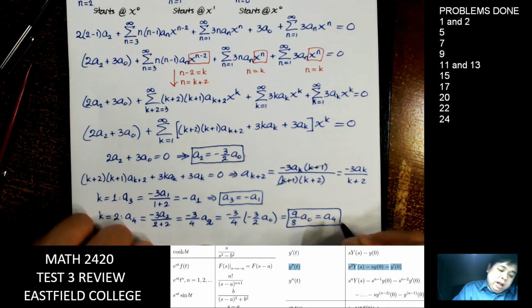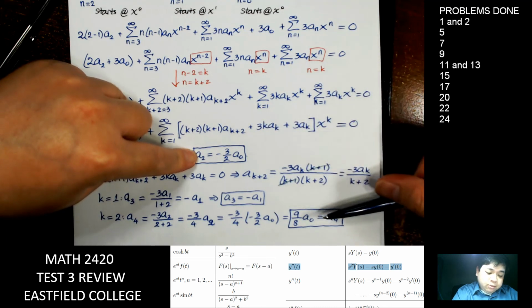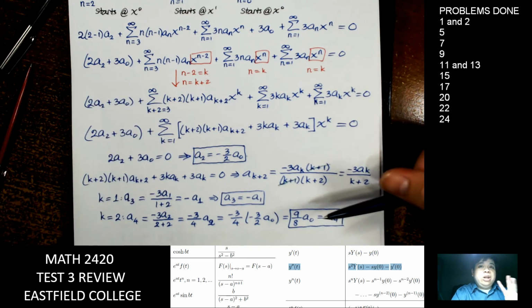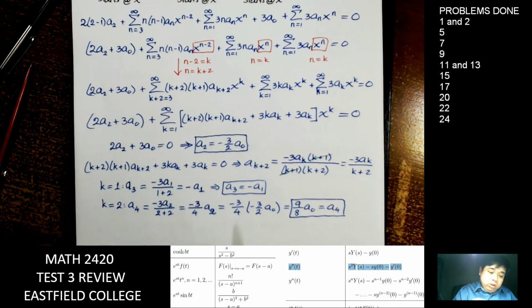Right. Now in terms of a0, we have a0, a2, and a4. So all three terms in terms of a0, which is good. We just need to have 3 terms of a1, and that would be good.